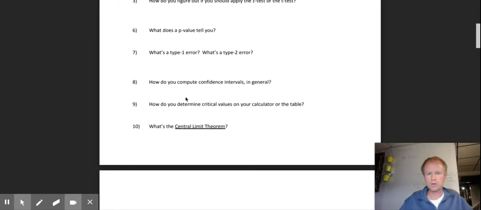Number 8, how do you compute confidence intervals in general?